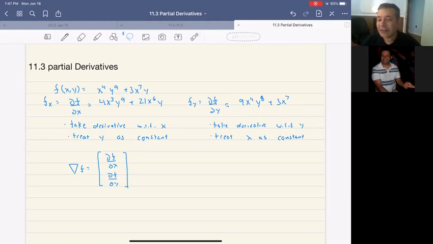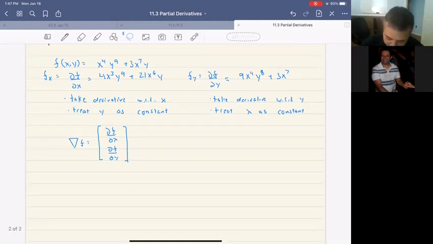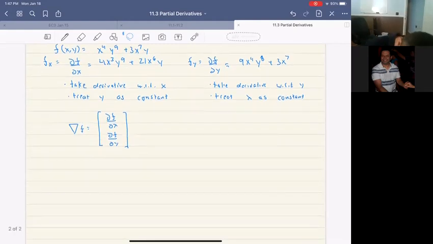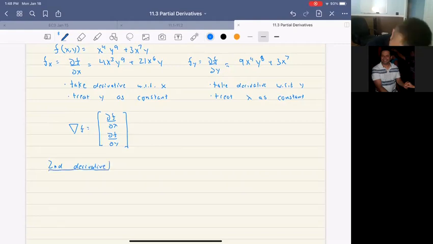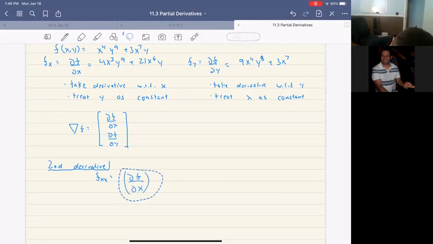The second derivative is actually going to be given, in this case, by 4 quantities. We're going to take f sub xx, which is the partial of f with respect to x, and then you take the partial of that with respect to x.